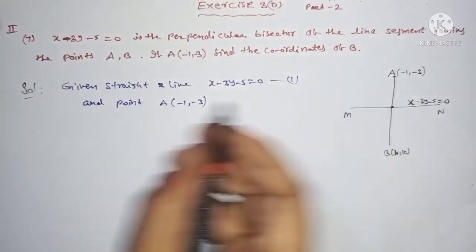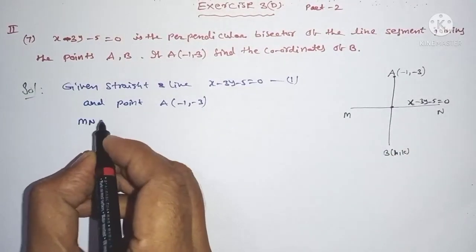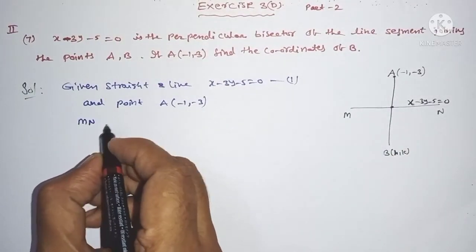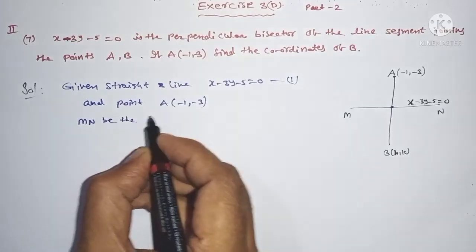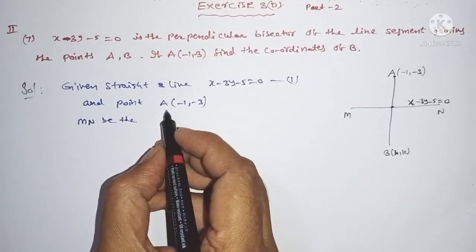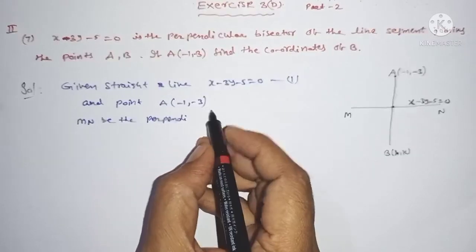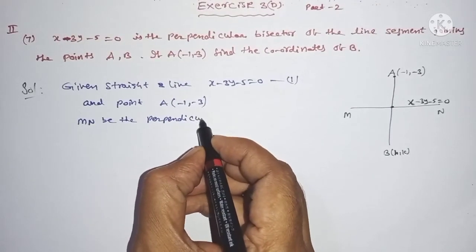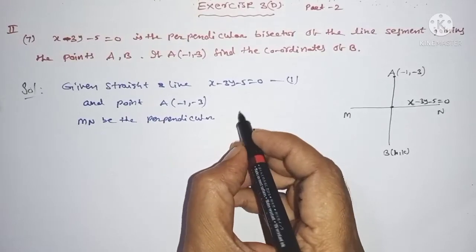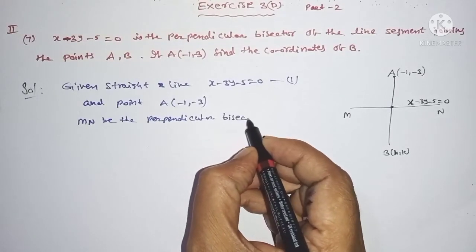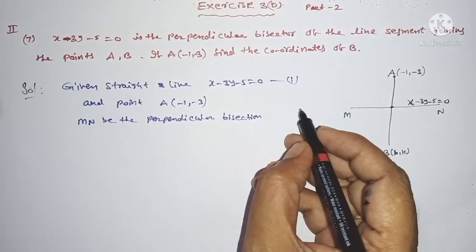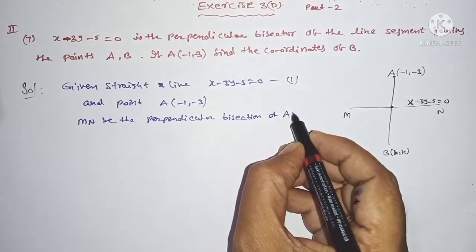Let MN be the straight line, the perpendicular bisector of AB.